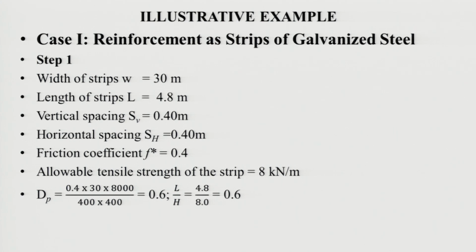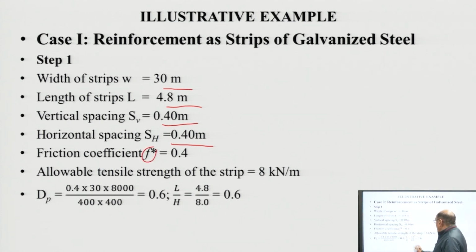First step, the width of a strip W 30 meter, length of a strip 4.8 meter, vertical spacing 0.4, horizontal spacing 0.4, friction coefficient f star is equal to 0.4, allowable tensile strength of a strip 8 kilonewton per meter. So, we can calculate the dP by the formula. So, we will finally get 0.6.